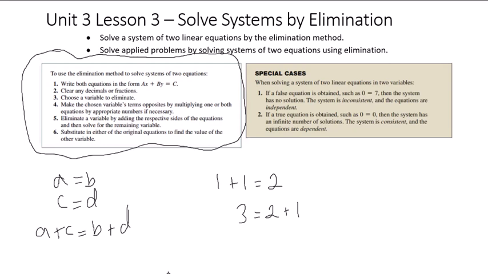So 1 plus 1 represents A, and 3 represents C. So then we can say that 1 plus 1 plus 3 equals 2 plus 2 plus 1. And the left is 5, and the right is 5. So if the two lefts are added together and the two rights are added together, we end up with equations that are equal. So let's go ahead and look at some examples.